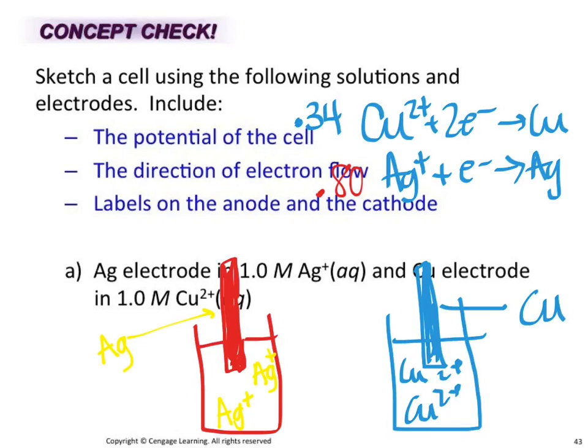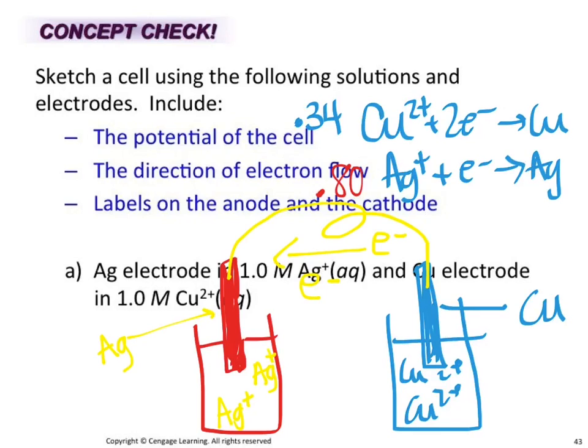So how are we going to flow? We're going to flow from copper to silver. So I'm going to put my wires here. I'm going to put my electrons, showing electrons flowing to the cathode.